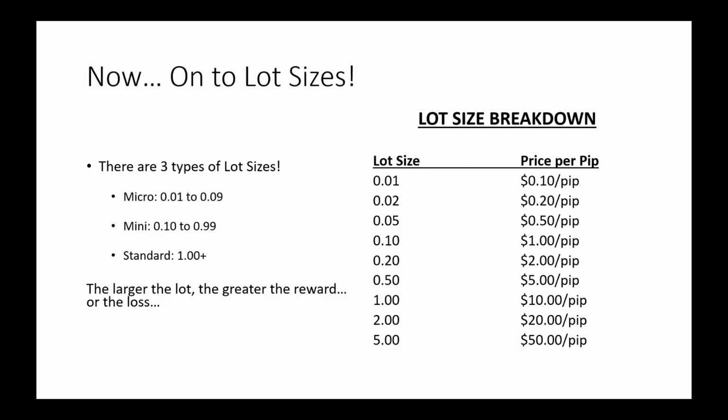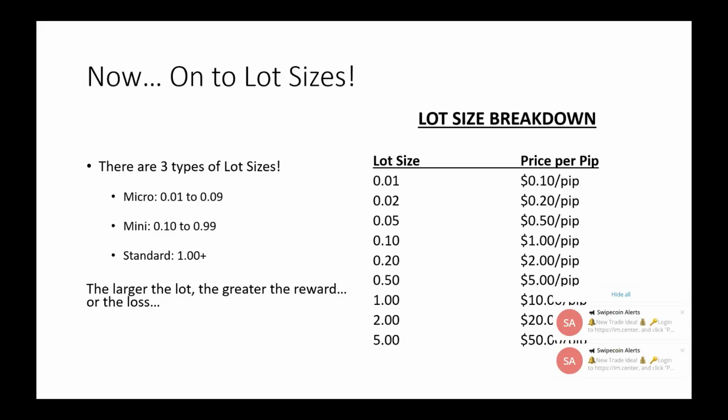Okay, so for an example, the lot size breakdown. If you're doing a 0.01 lot, that's 10 cents a pip. A 0.02 lot is 20 cents a pip. 0.05 lot is 50 cents a pip. 0.10 is $1 a pip.